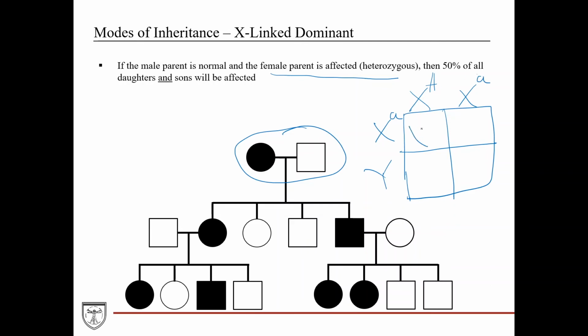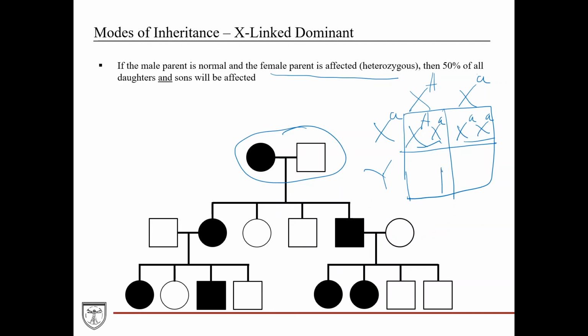If we look at the outcome, if the child is a daughter, as you can see here, she's going to inherit at least one normal recessive allele, and then she has a 50% chance of inheriting the affected, dominant allele, and a 50% chance of inheriting the recessive allele from her mother. So again, a 50% chance of being affected and a 50% chance of being completely normal.